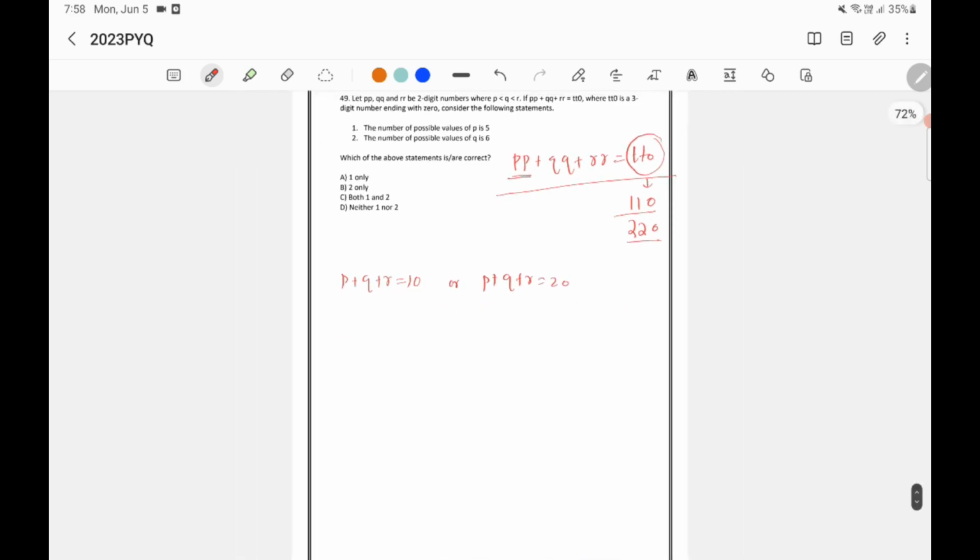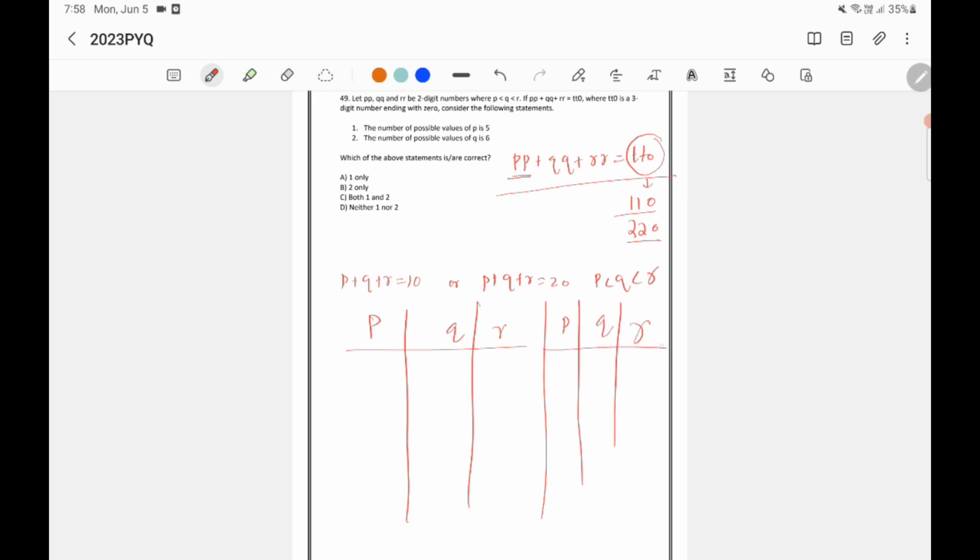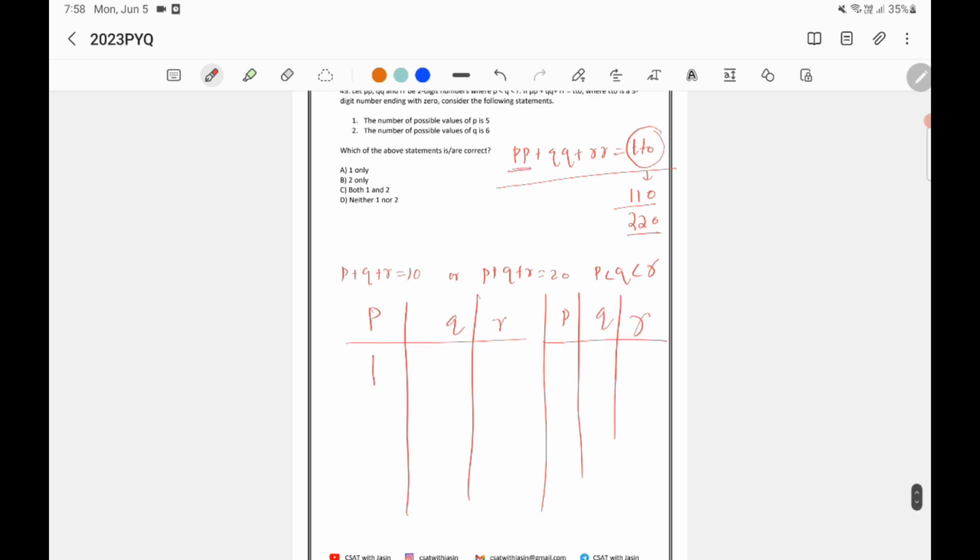Also we need to remember that P is less than Q is less than R. So we need to find out the different possible values of P, Q and R. Okay. So if P is 1, then Q can be 2 because Q is greater than P, right? So if P is 1, Q can be 2, then 1 plus 2 is 3.